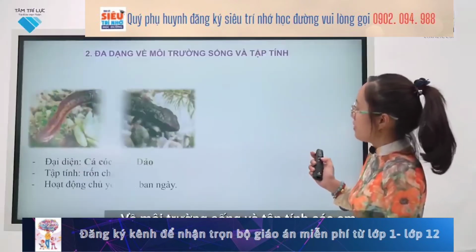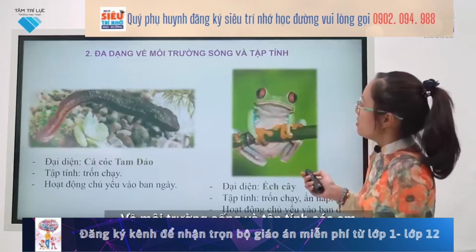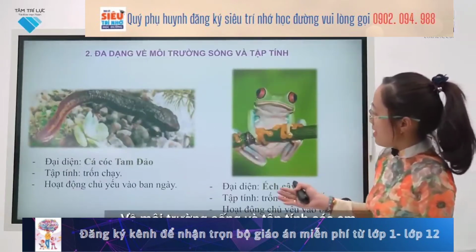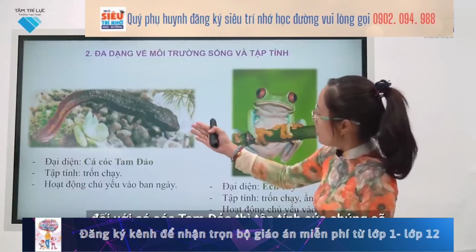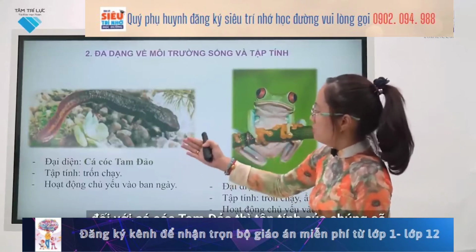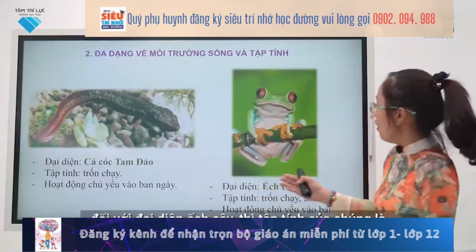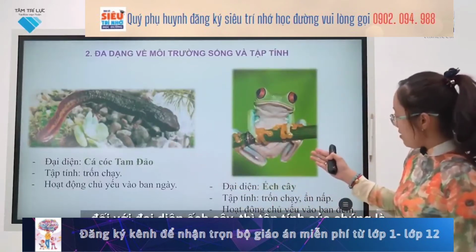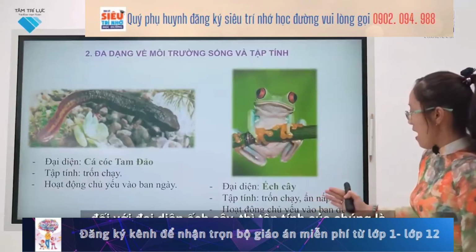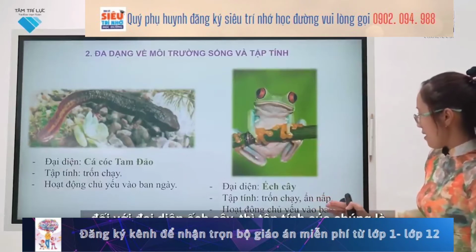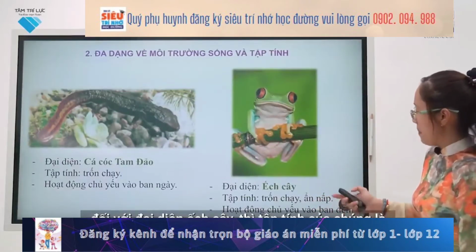Regarding the habitat and behavior you observed, the tam dao salamander's behavior is to run away, operating mainly during the day. For representatives of tree frogs, their behavior is running, hiding, and being active mainly at night.